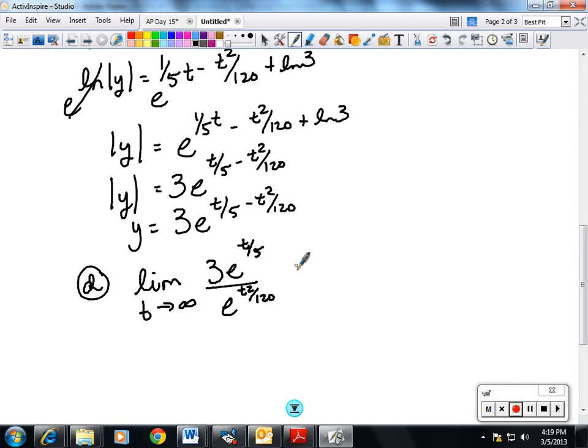What's bigger, the bottom or the top? Because minus goes with divide. The bottom's bigger than the top, so that's going to go to 0 as t goes to infinity.